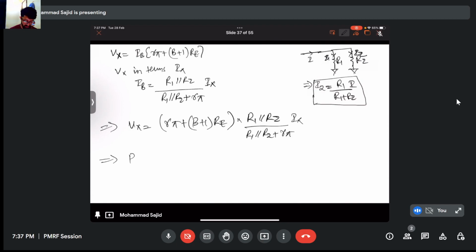So my input resistance, that will be given by Vx by Ix, be simply given by the parallel combination of R1 R2. Okay, sorry, mistake here.